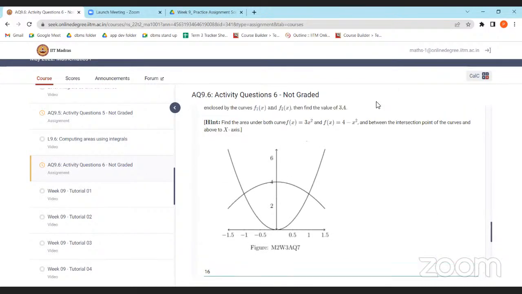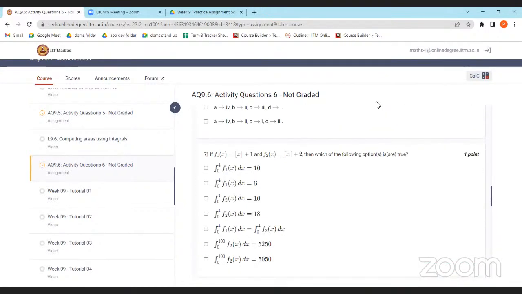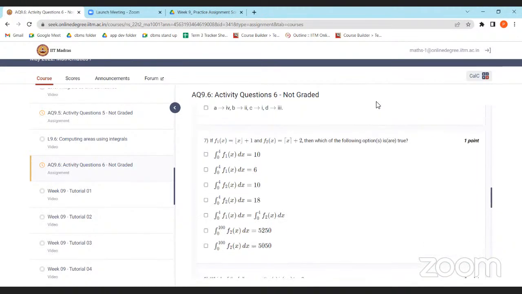So 7th question. Okay, which question? 7th, sir. This one. Yes, sir. So what is the integration of this floor function x? We do not get the integration of the greatest integer. What is the integration of this floor function?